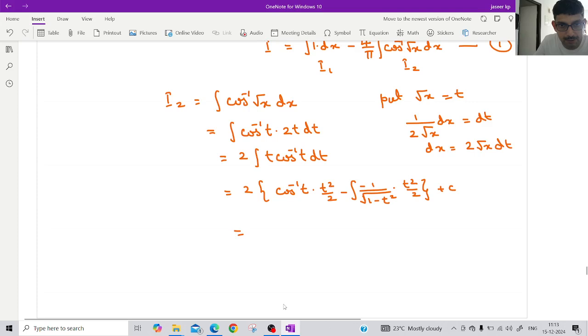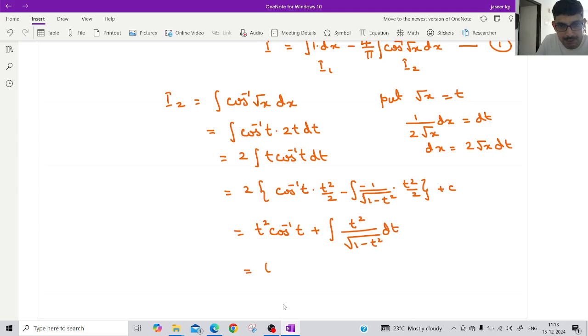So now if you simplify this, it will become t square cos inverse of t, then plus integral t square by under root of 1 minus t square dt. So that is t square cos inverse of t, then this can be written as minus of 1 minus t square minus 1, it is adding and subtracting 1, by root of 1 minus t square dt.